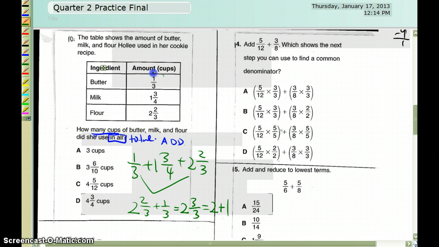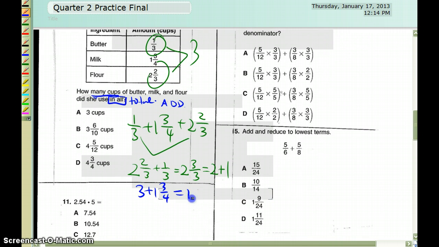So together these two make 3. And then all I have to do is add it with the 1 and 3/4. So if I add 3 plus 1 and 3/4, then I'm going to get my 4 and 3/4. So I just added the whole numbers up. There we go.